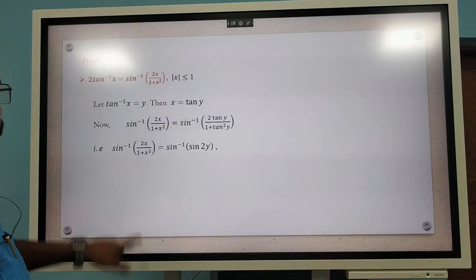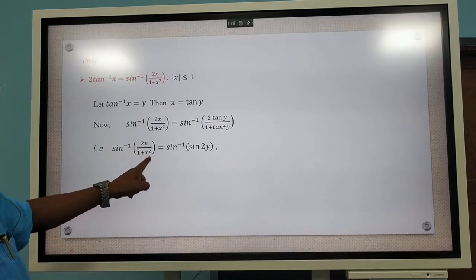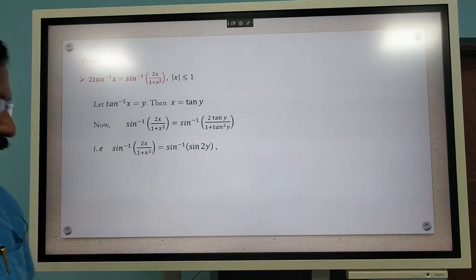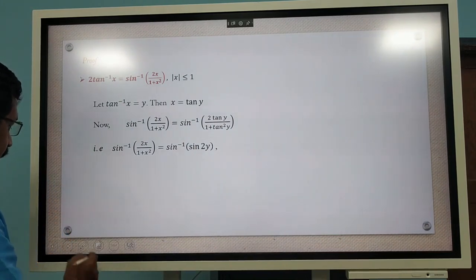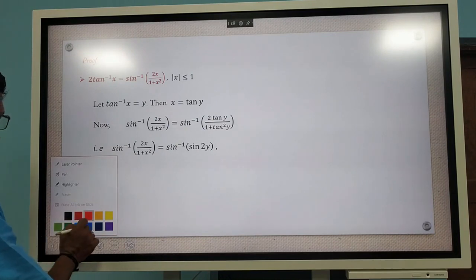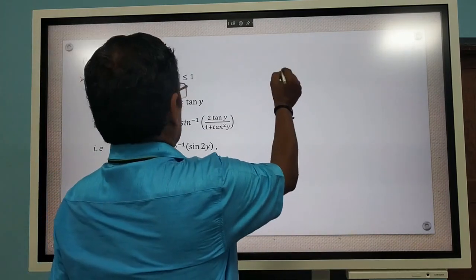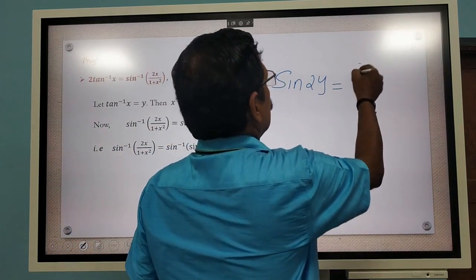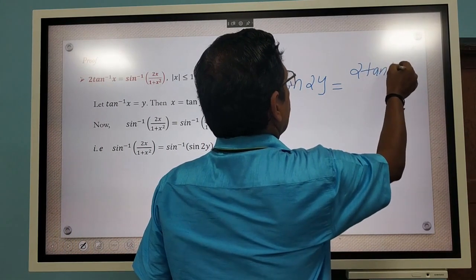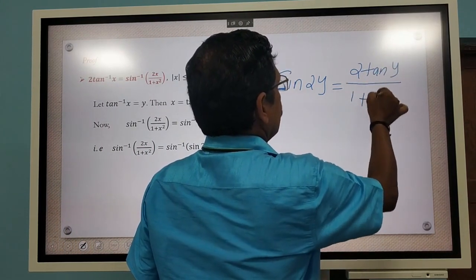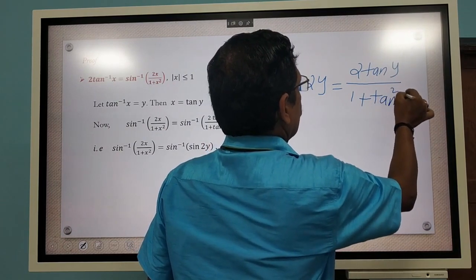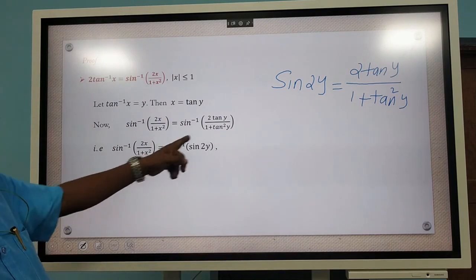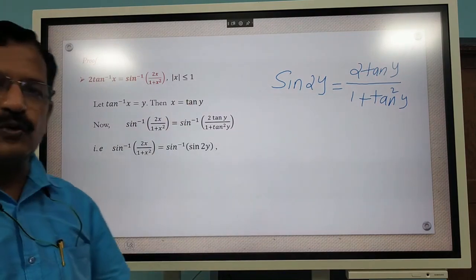So sin inverse of 2x by 1 plus x square equals sin inverse of sin 2y. The result we studied in class 11 is sin 2y is equal to 2 tan y divided by 1 plus tan square y. Now sin inverse of sin 2y is 2y.